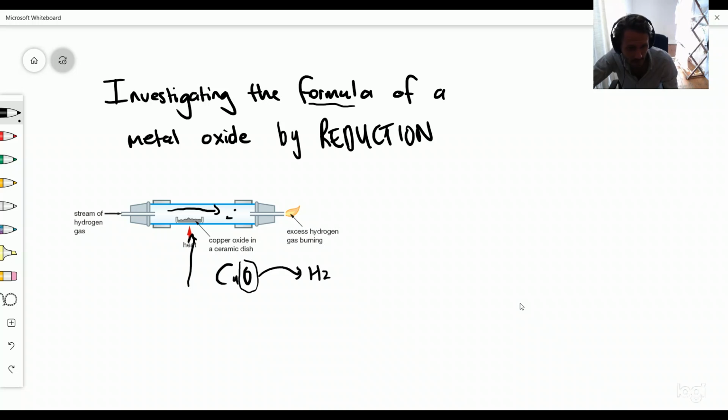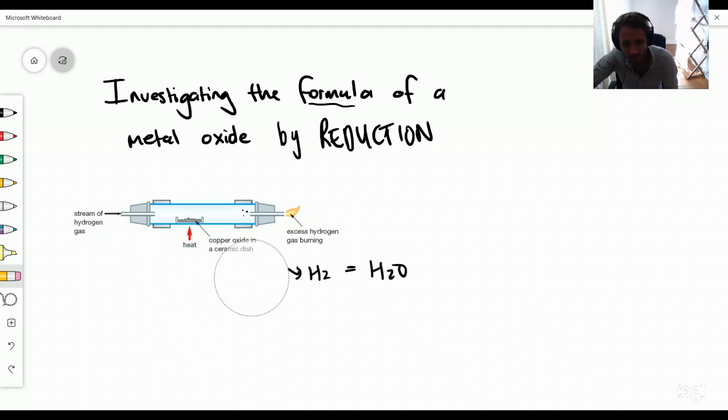That's going to give us water, which we saw with the little droplets forming, and then we're left with copper remaining behind, that brownish metallic looking substance.